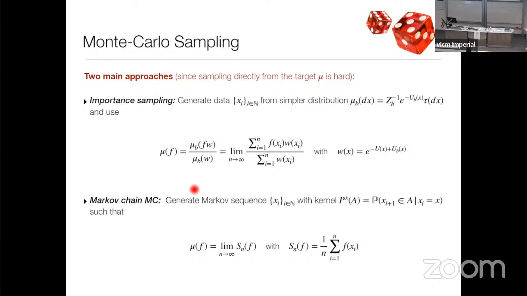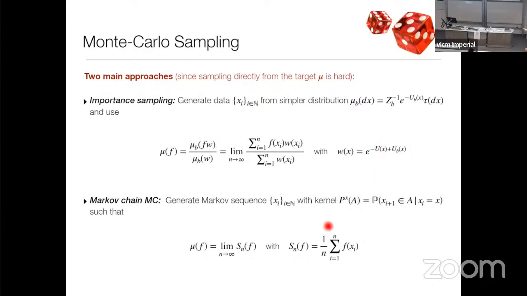And then there is an identity that you can use that says that expectation of F with respect to the target can be replaced by expectation of F times a weighting factor with respect to the base distribution, provided that you renormalize things accordingly. And then the law of large numbers gives you a limiting statement that you can use at finite n to evaluate the expectation. And the weights are simply given by the ratio of these Gibbs factors in the base and the target distribution. That's one class of method.